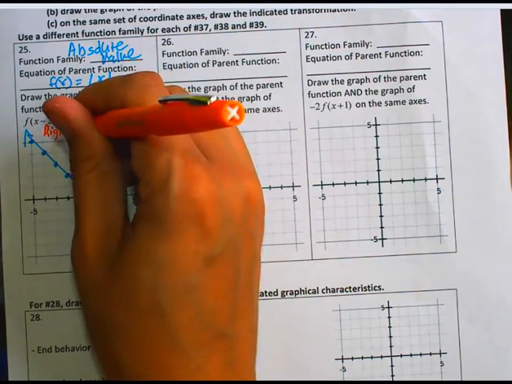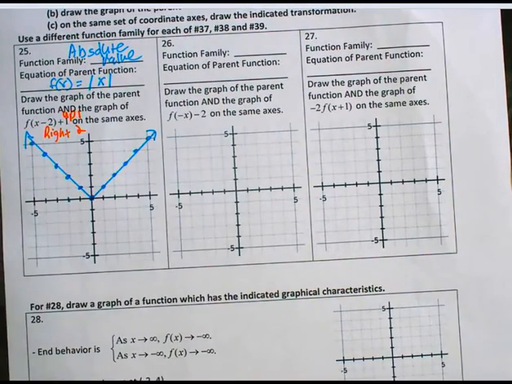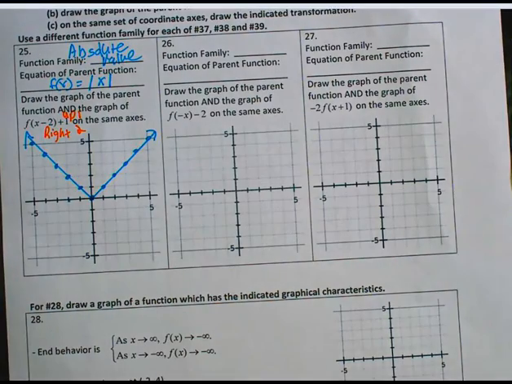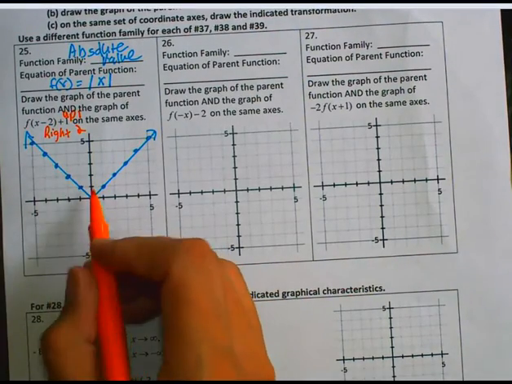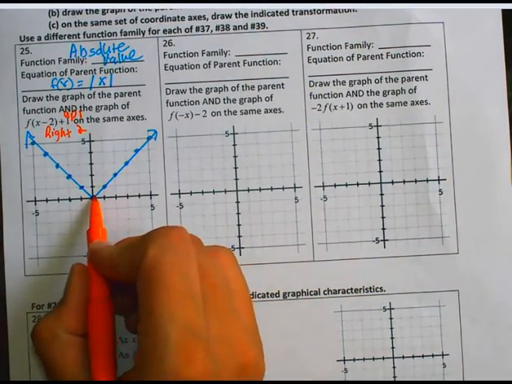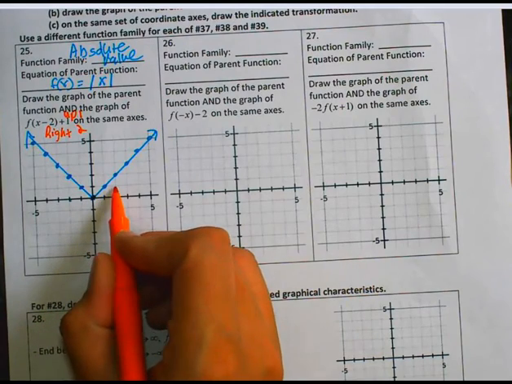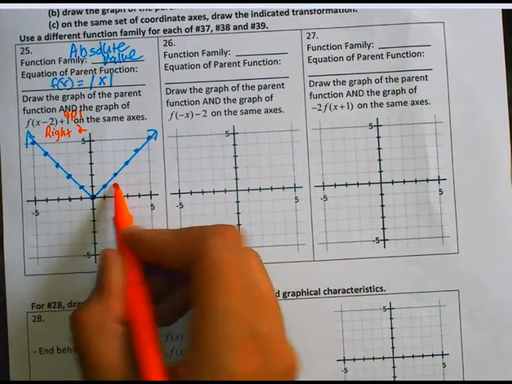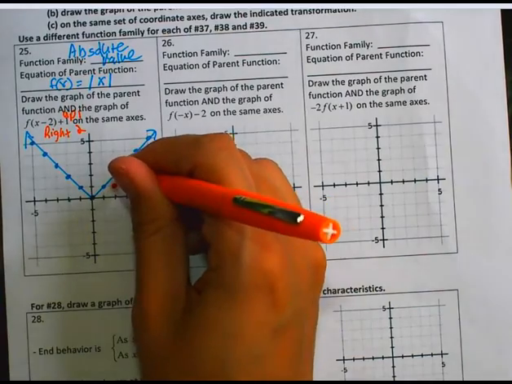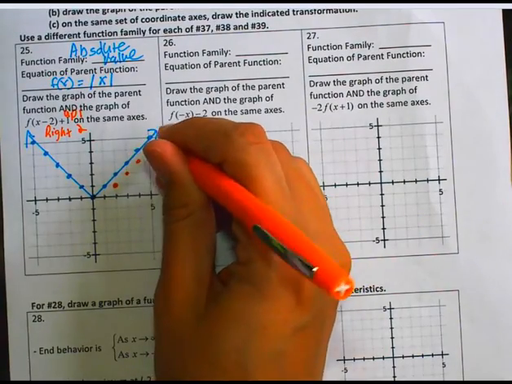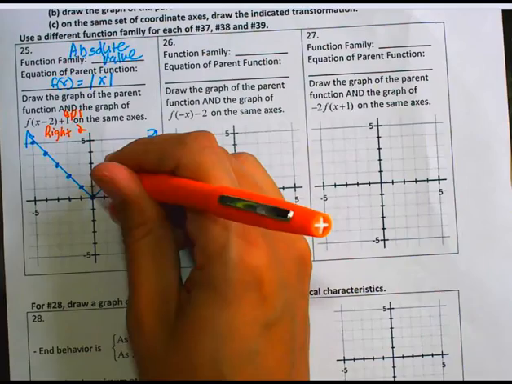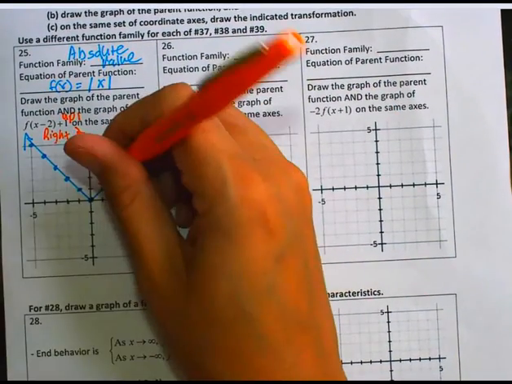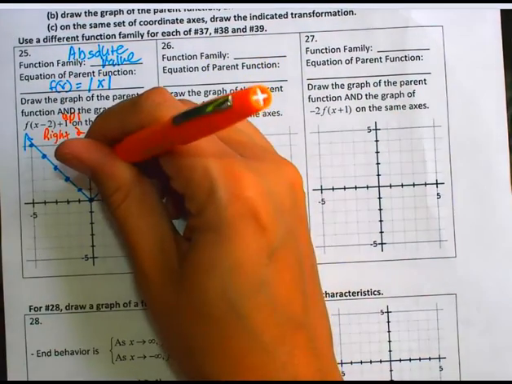So I always like to write down what's going on before I actually do the sketch. So we know that our vertex is moving to the right 2 and up 1. Okay, and then we can sketch in our graph again, and then we've sketched our parent function and our transformed graph.